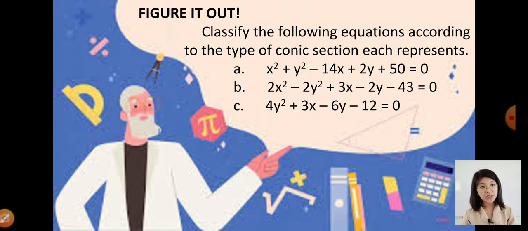And letter B, 2x squared minus 2y squared plus 3x minus 2y minus 43 is equal to 0. And the last one, which is letter C, 4y squared plus 3x minus 6y minus 12 is equal to 0.